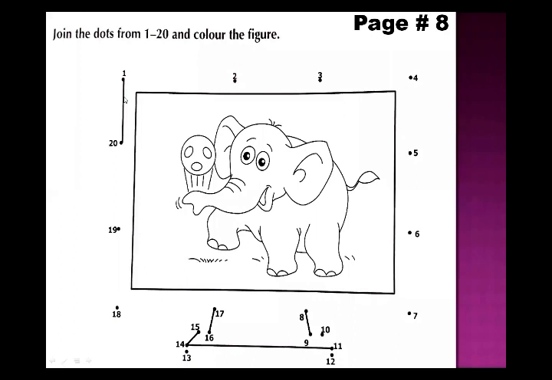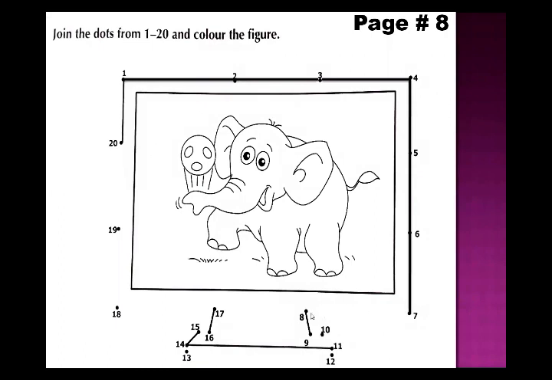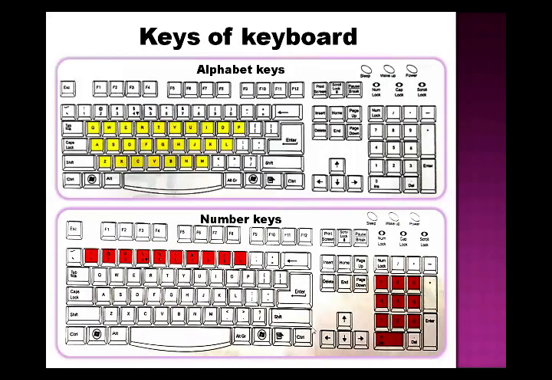So, how can you join it? You will join 1 to 2, 2 to 3, 3 to 4, 4 to 5, 5 to 6, 6 to 7, 7 to 8, 8 to 9, and so on.